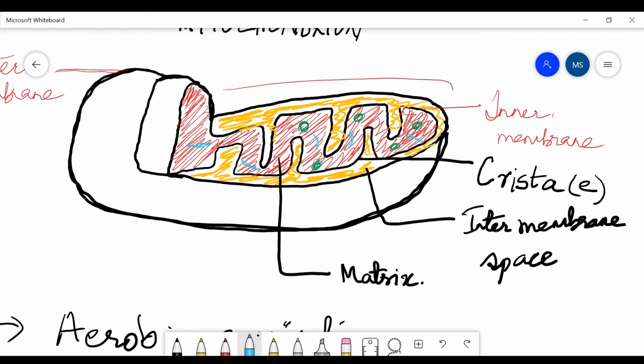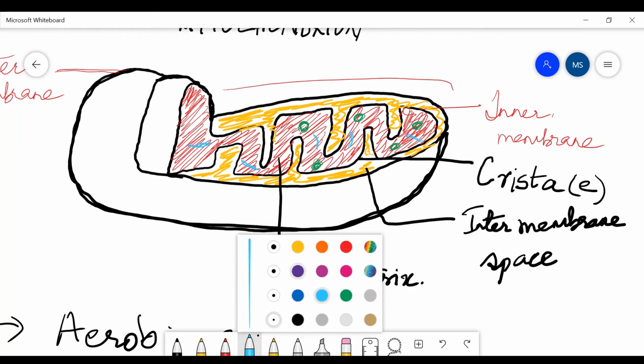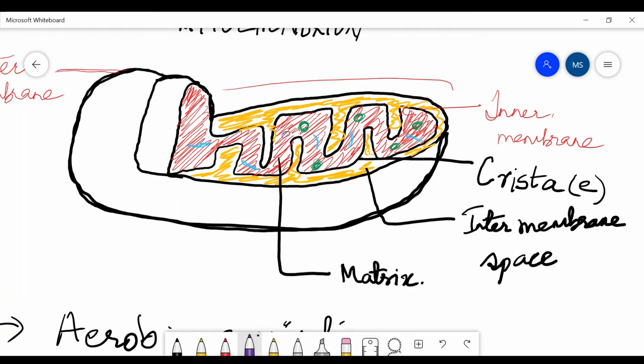Along with these, they also have their own ribosomes, and these ribosomes are the protein factories. I'll draw these ribosomes right over here. These are tiny cell organelles, and they are a bit different from plant and animal ribosomes.